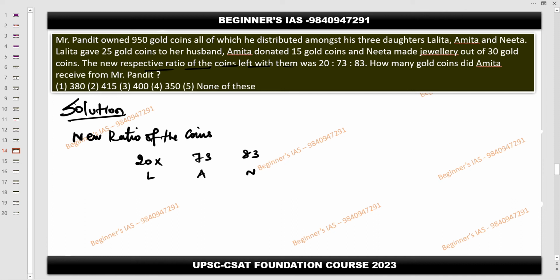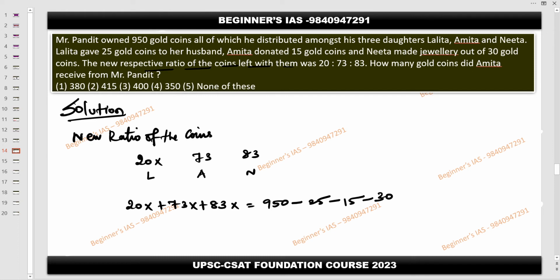So how many in total? Here this is 20x plus 73x plus 83x, which is equal to 950 minus what Lalita gave, 25 to the husband, Amita gave 15, gold coins, then Neeta made 30. So first of all, add these; that is going to be the new ratio.